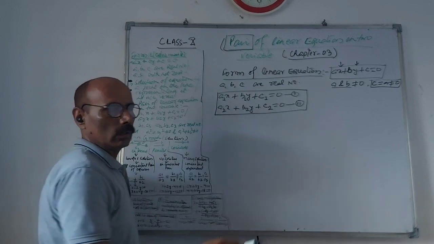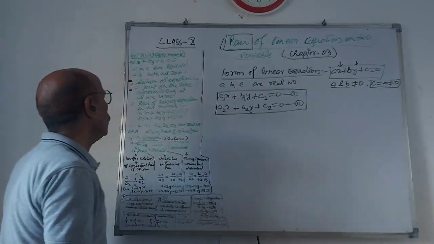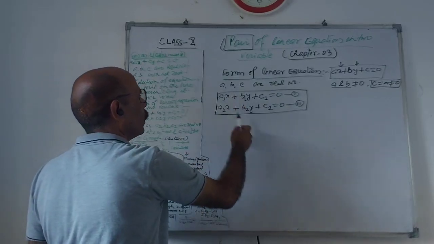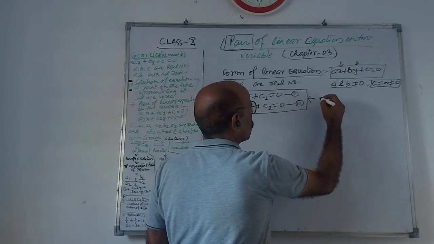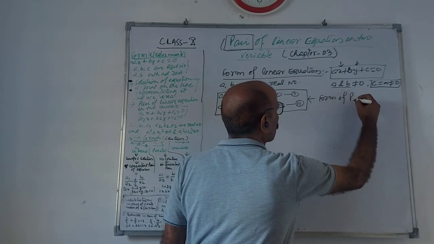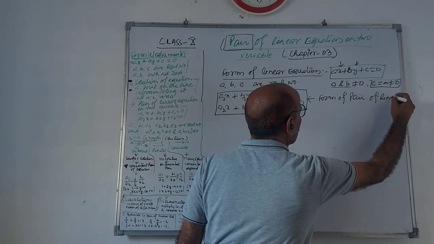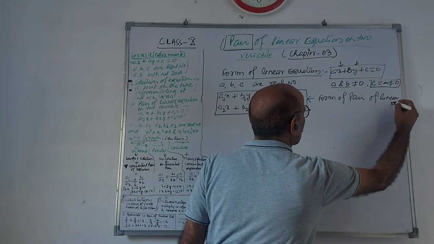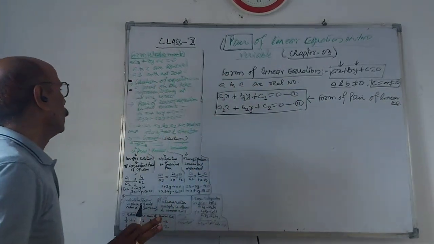So here you understood what a pair of linear equations is, and this is the form of a pair of linear equations. Up to here clear?